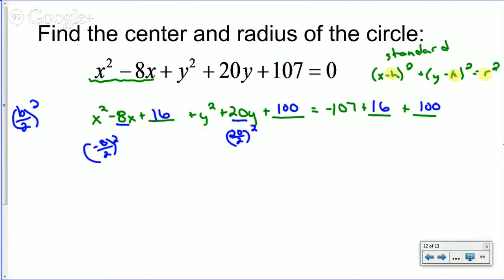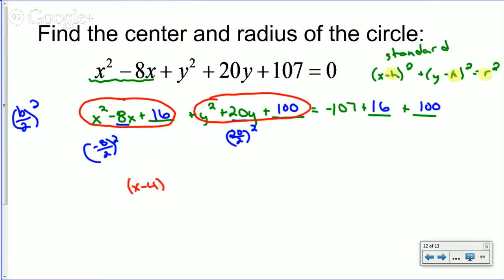Okay. And now with these three I can factor, and with these three I can factor. So I'll get x minus 4 squared, because it's a perfect square, and y plus 10 squared equals, let's see, -107 plus 100 is -7, plus 16 is 9.